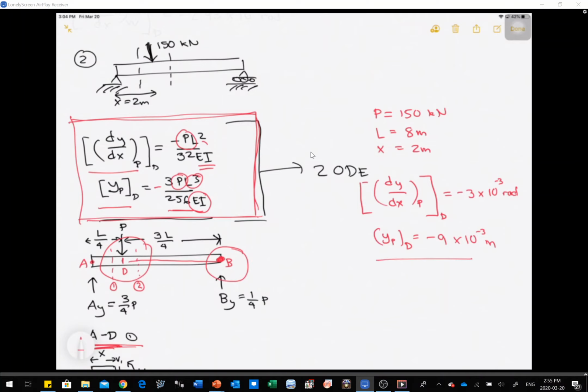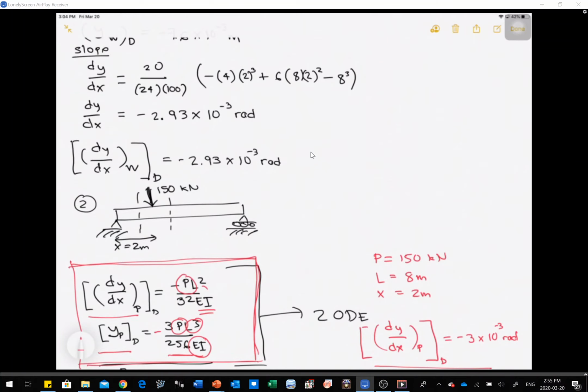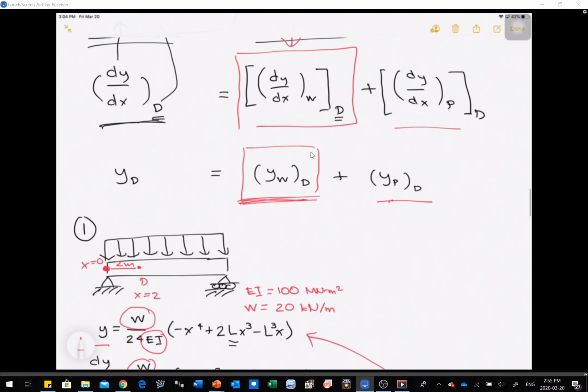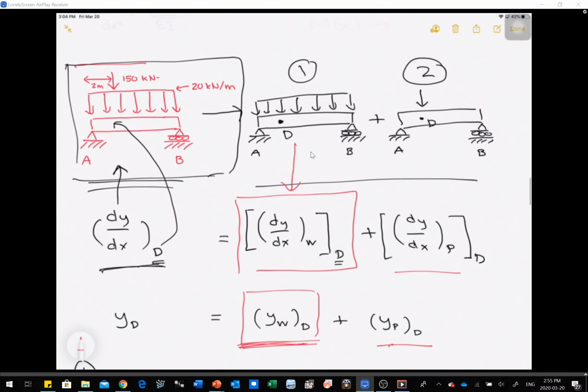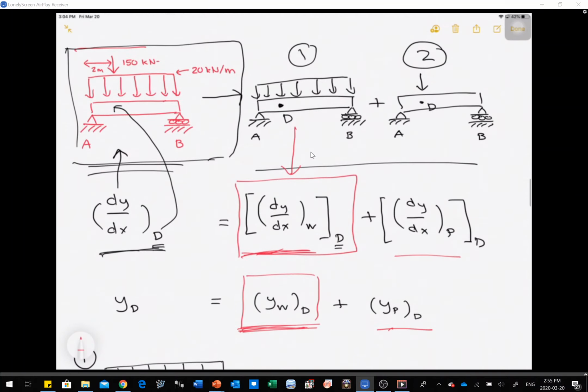Now you have these values right here. Let's go back again to what we did previously. Again, we are discussing the method of superposition. So just to recap what we did so far, we have our original beam right here. We split it into two. We calculated the slope of our first beam right here.